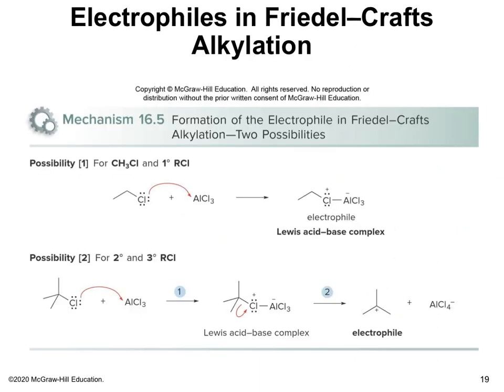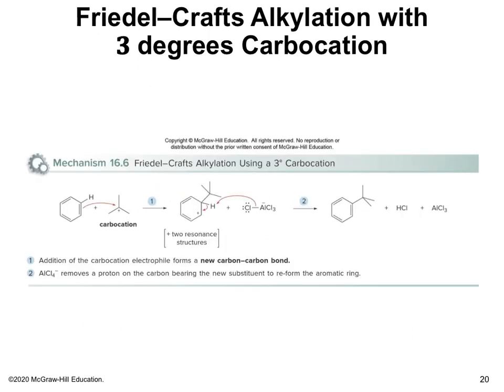And that's what you're seeing here. You form this electrophilic complex that helps pull the Cl away, and that gives it the carbocation. This carbocation then reacts with the aromatic compound to give a sigma complex, and then the sigma complex will rearomatize to the aromatic product.